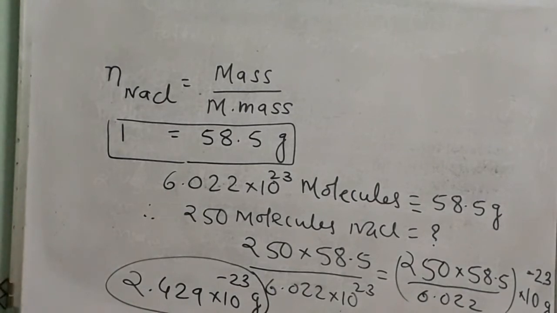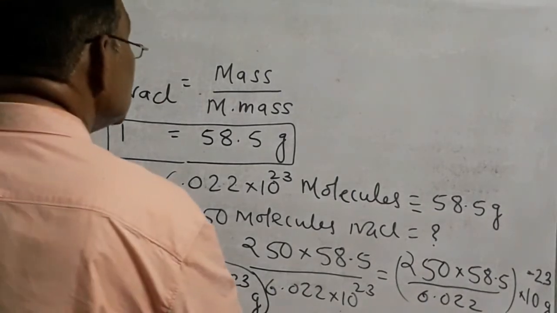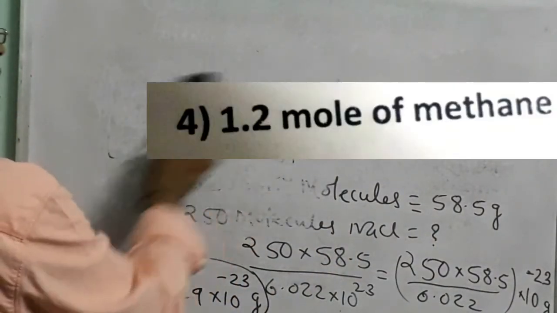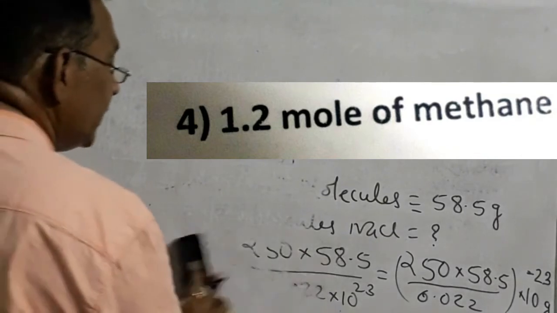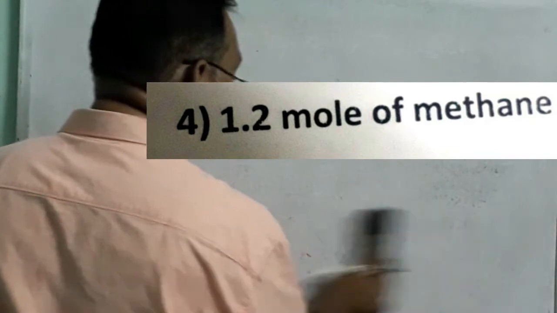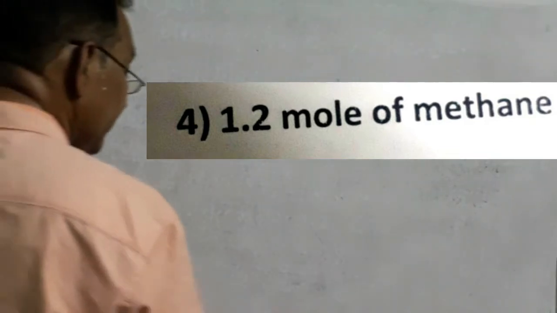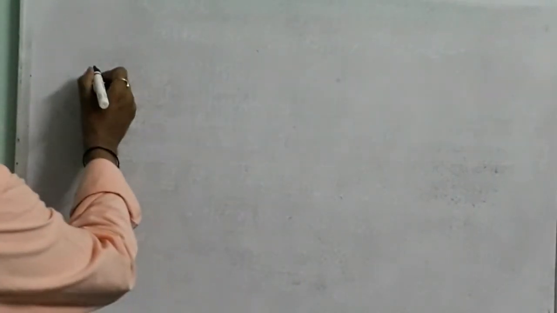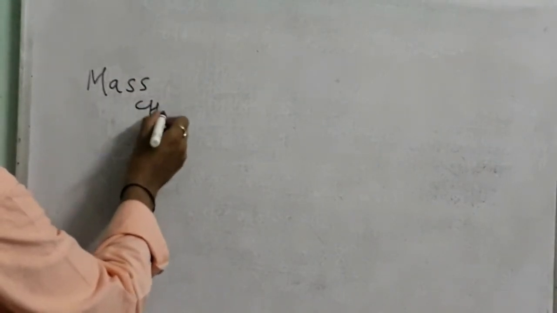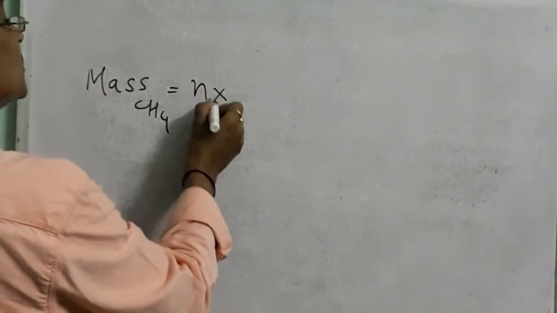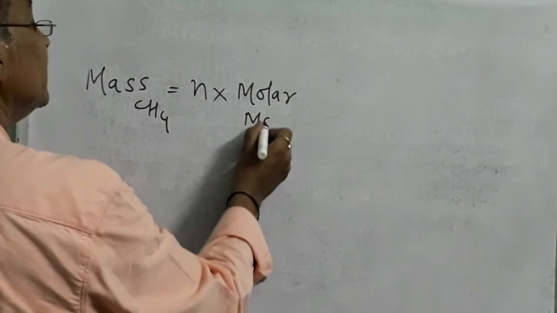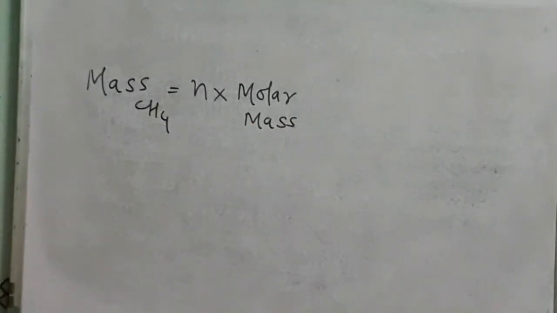See now which question appears on the screen. Calculate the mass of 1.2 moles of methane. Now you can directly write mass of methane is equal to number of moles multiplied by molar mass. So instead of writing and then converting, you may directly use this concept.